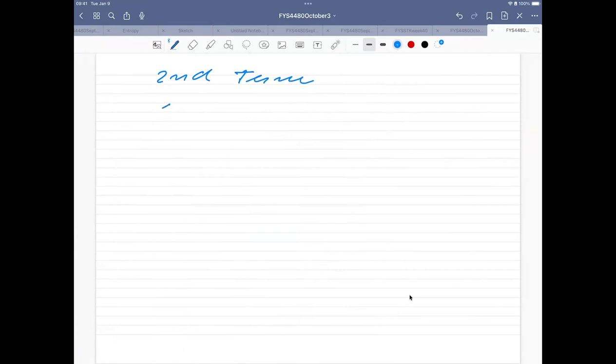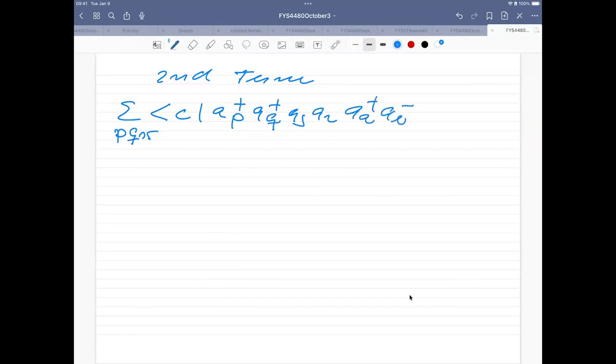So we are going to have a term which is going to be given by a PQRS. We calculated this one 2 weeks ago, actually. So we're going to have an AP, AQ, AS, AR, and then there's going to be an AA, AB, AJ, AI of the new vacuum state.